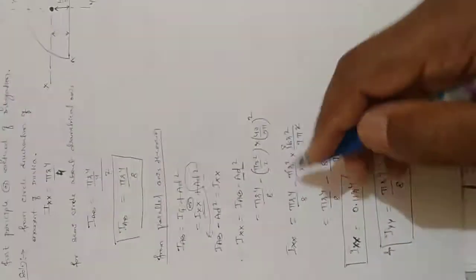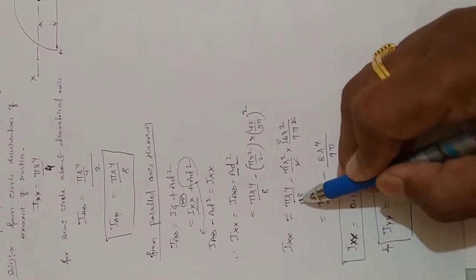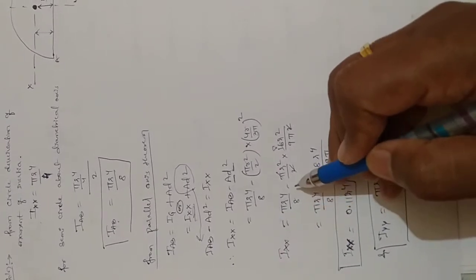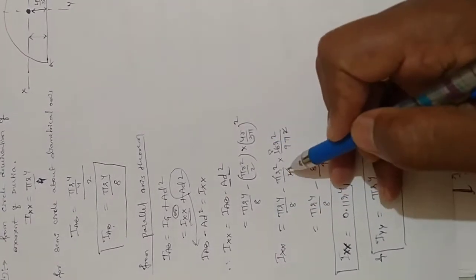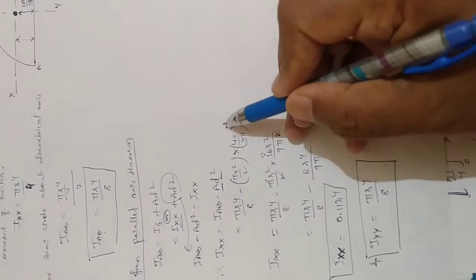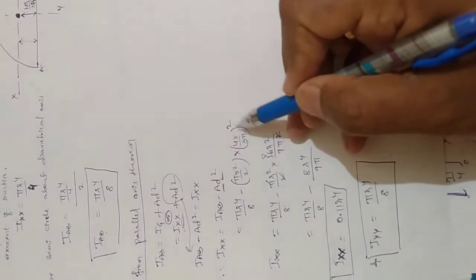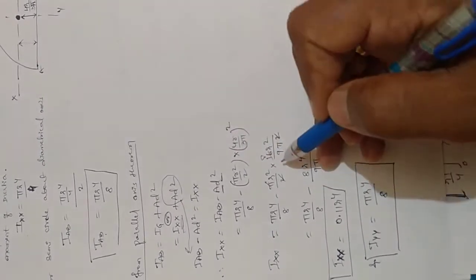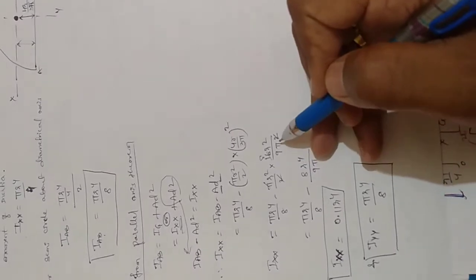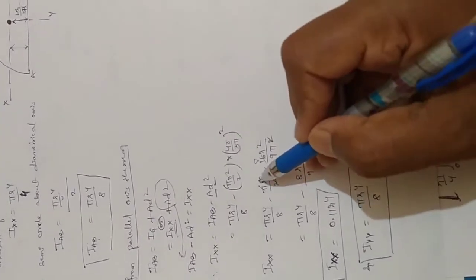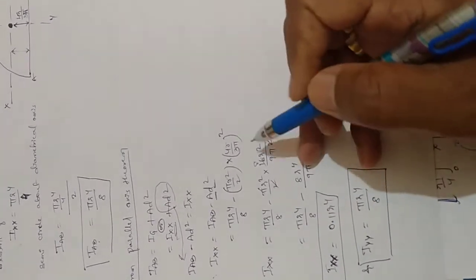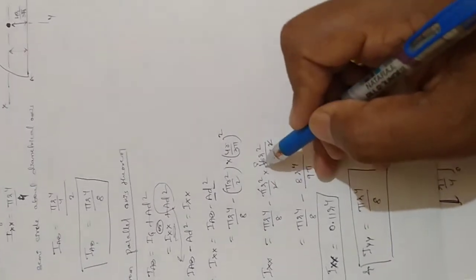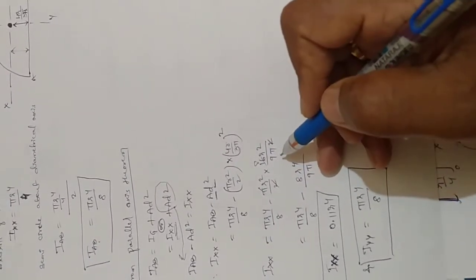Now look here. Ixx is equal to pi r raised to 4 divided by 8 minus pi r square by 2, which remains as it is, into, now it is whole square, so 4 square is 16 r square divided by 3 square is 9 pi square. Now this pi and this pi square get cancelled, pi is remaining. Now 2 into 8 is 16, so 8 by 9 pi.